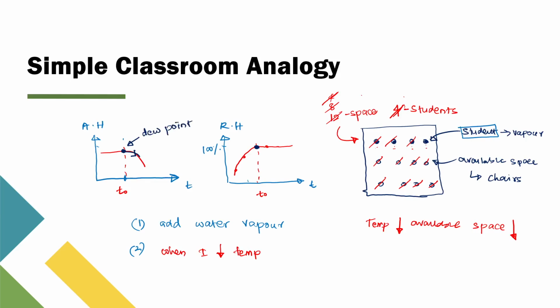So you understand that dew point doesn't depend on the temperature, because whenever the RH becomes 100%, dew forms. Because the available space is occupied, if I reduce the temperature at any temperature, maybe above room temperature or below room temperature, it will start to condense.